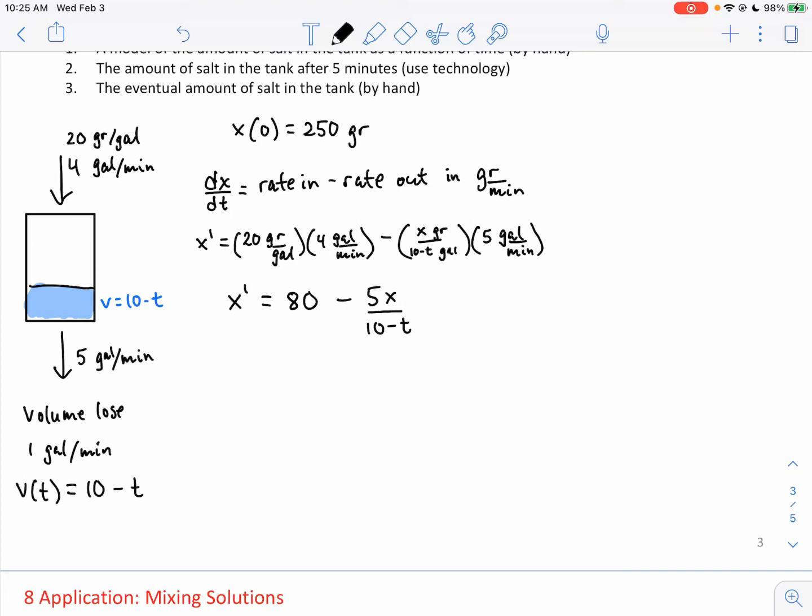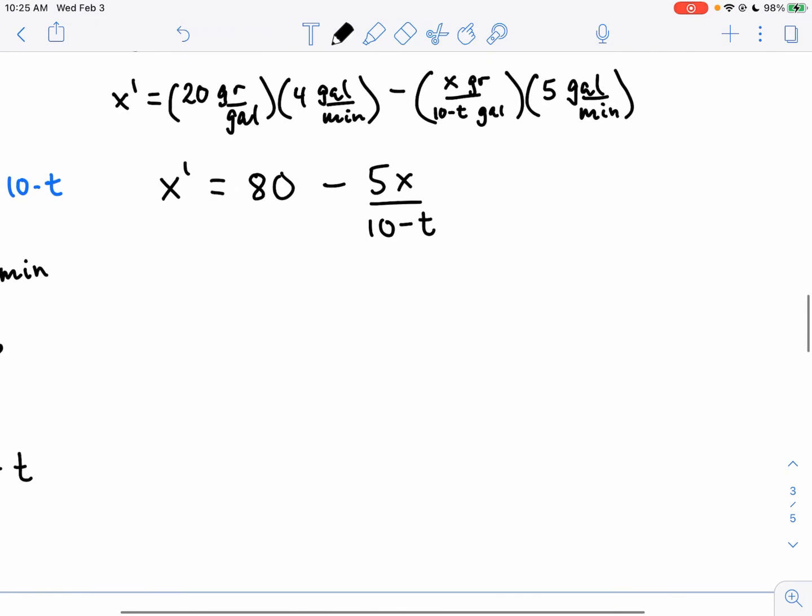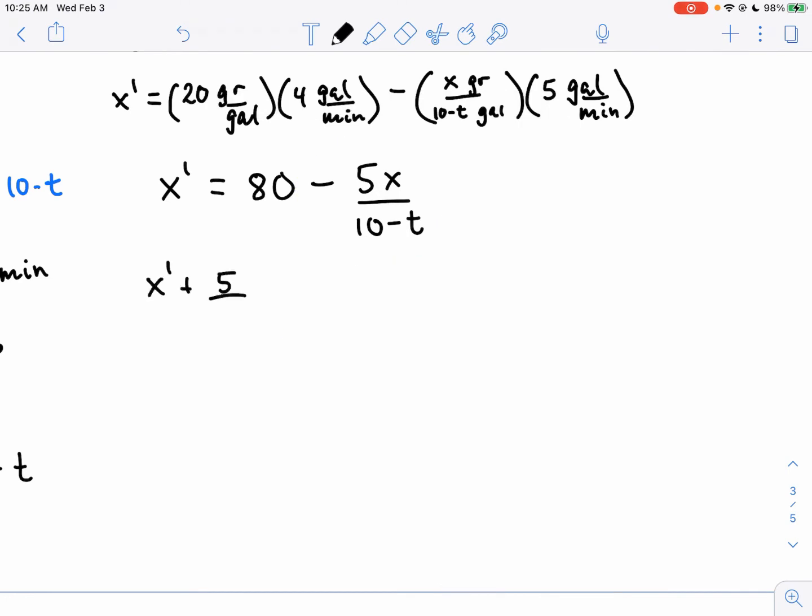This is no longer a separable differential equation, but it is linear. So I could use the integrating factor technique. Our dependent variable is x, so we have x prime isolated on one side, which it already is, then move the x term over to that side with it. So we get x prime plus 5 over 10 minus t times x is equal to 80.